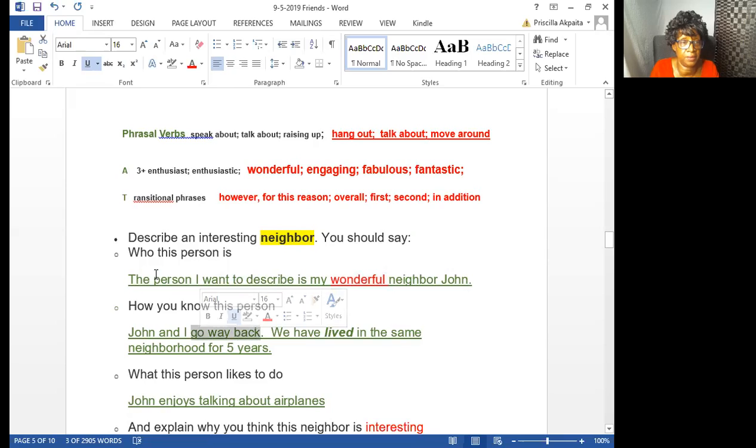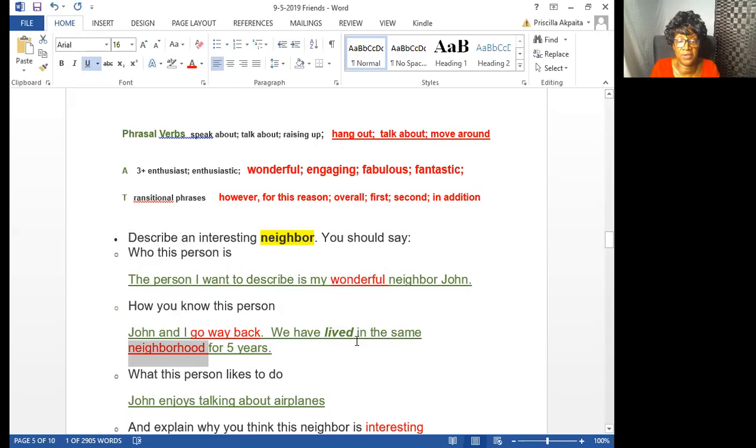You will get credit because you're using the collocation of go way back, which was in the material that we studied earlier. John and I go way back. We have lived in the same neighborhood. Neighborhood is 3 syllables. So there you are. You're good there. We have lived in the same neighborhood for 5 years.